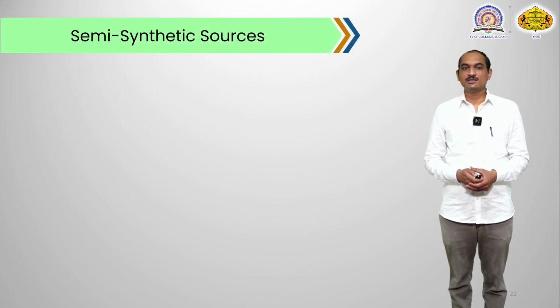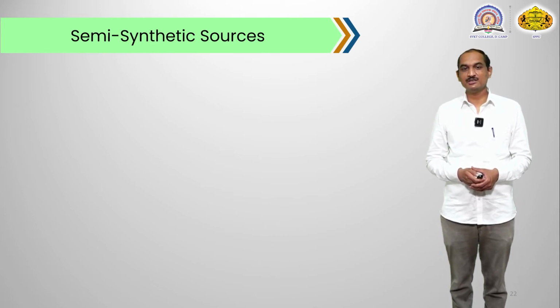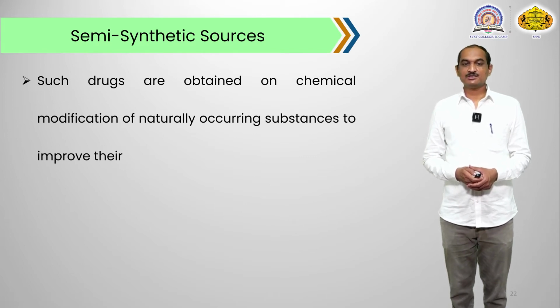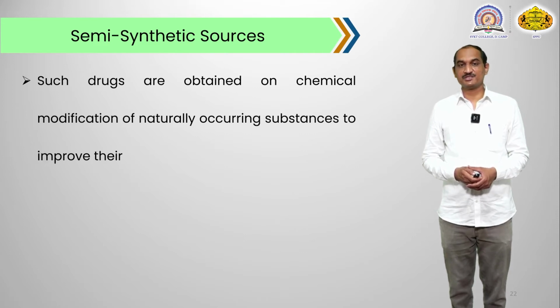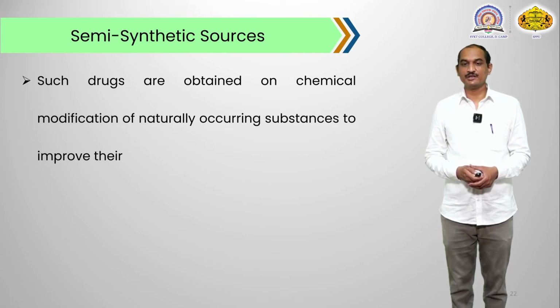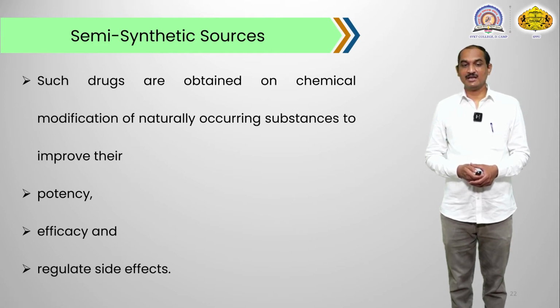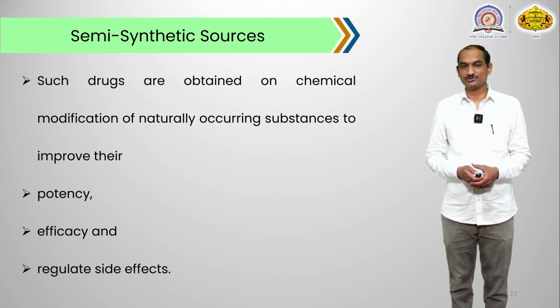Another important source of the drug molecule is the semisynthetic source. We know that such drugs are obtained by chemical modification of naturally occurring substances to improve their potency, efficacy and reduce side effects.